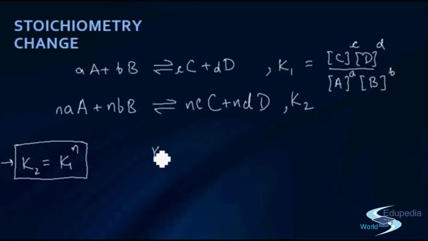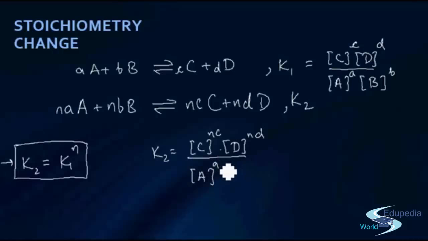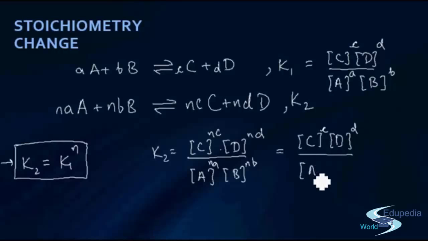K2 can be written as concentration of C raised to nc, concentration of D raised to nd, divided by concentration of A raised to na, and concentration of B at equilibrium raised to nb. By simple rearrangement, using simple mathematics, this expression looks like this, and the whole thing is raised to the power small n.